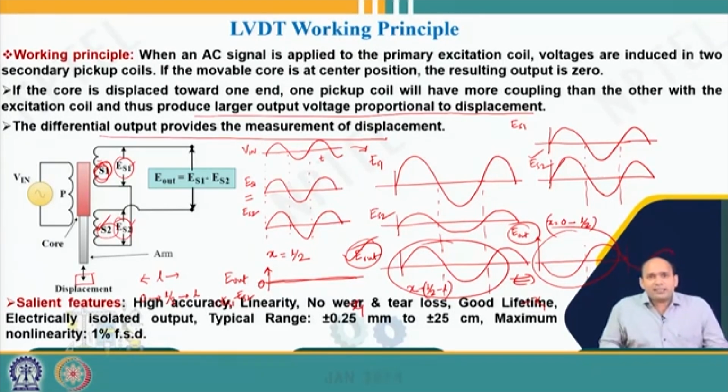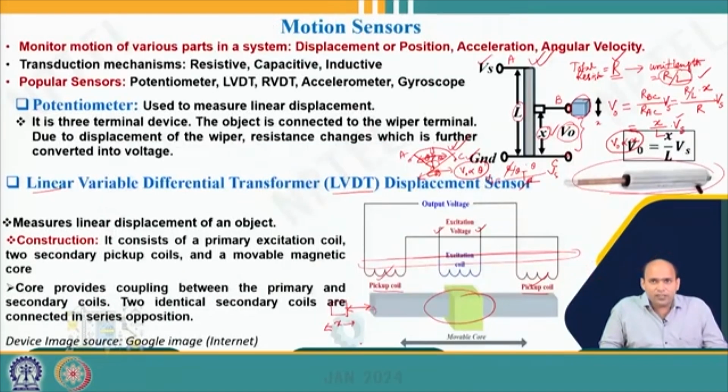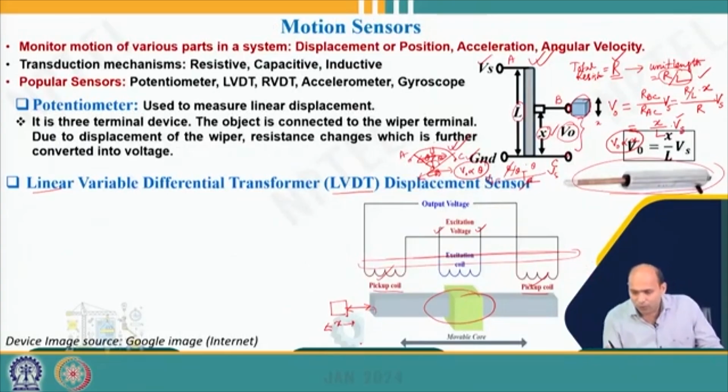Now what are the salient features of LVDT? It has very high accuracy, linearity is also very high, and no wear and tear loss. This is another important point. You remember when we discussed the potentiometer a few minutes back, the wiper was slid across the length of the potentiometer, is not it?